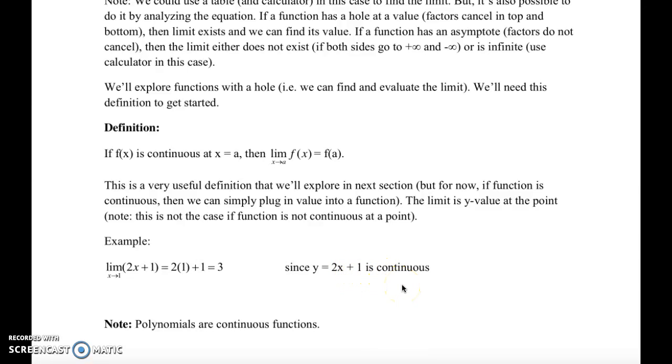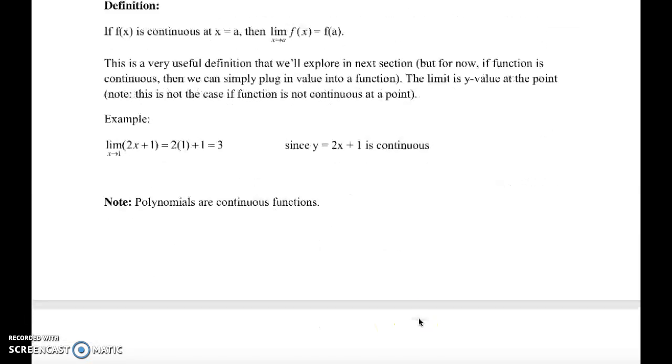There are no discontinuities, no holes, no vertical asymptotes, so it's continuous. It's good to know this because all polynomial functions are continuous, and therefore there won't be any issues with any particular number as we find the limit. This is really useful to know as we go through finding limits.